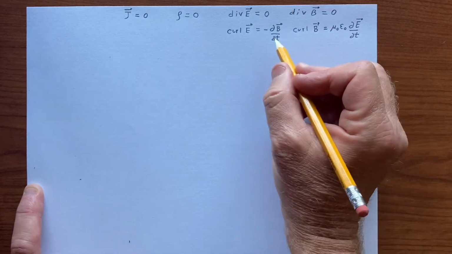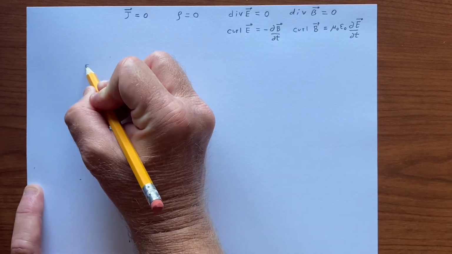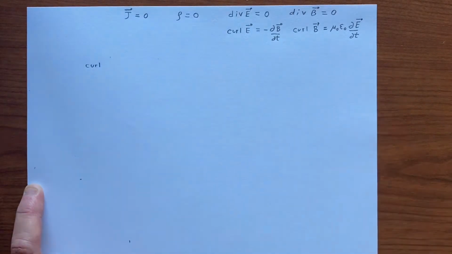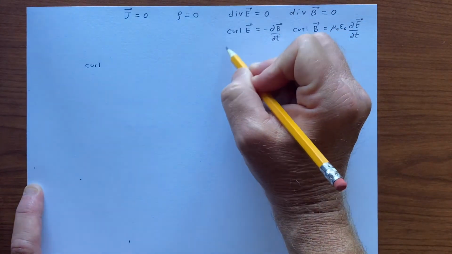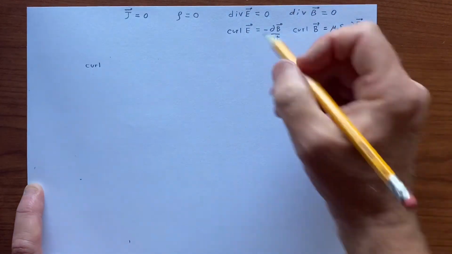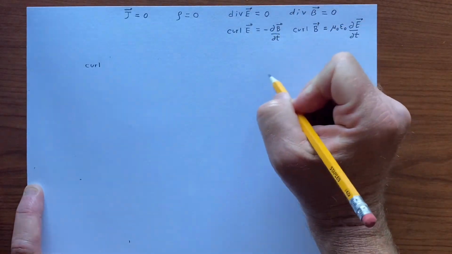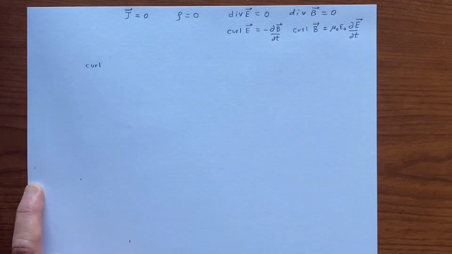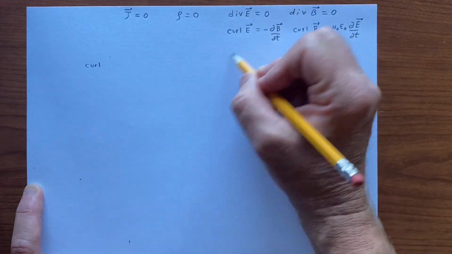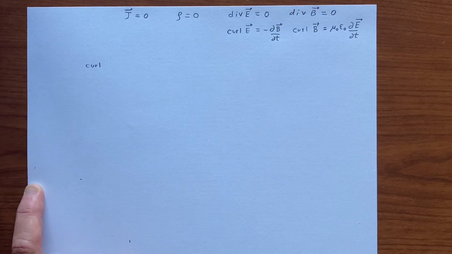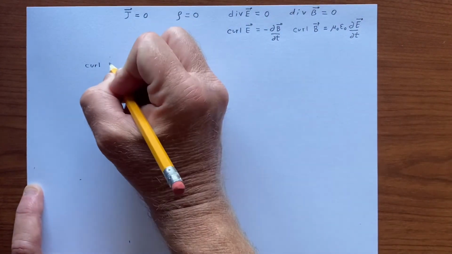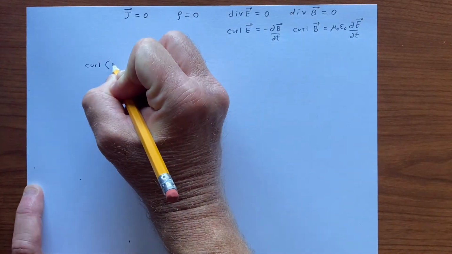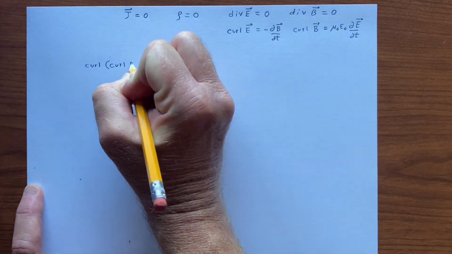So let's imagine evaluating the curl. Now this is a kind of derivative around in the circular direction, whereas this is a kind of derivative in the radial direction. So let's do the curl of the electric field.